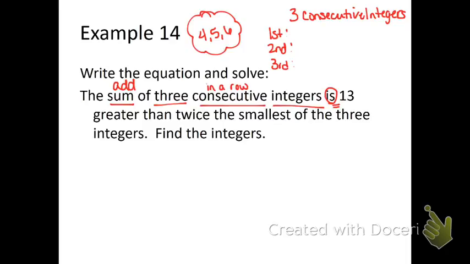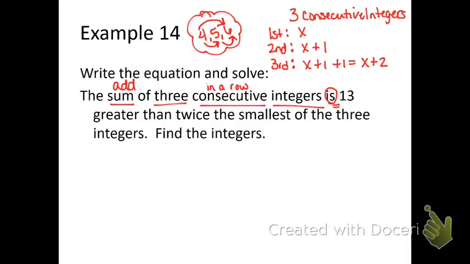But for our problem, we don't know what that first integer is, so we're going to let it be represented by x. The second integer, notice, how would you get from 4 to 5? Well, you would add 1 to it. So you take the previous and add 1. And then to get from 5 to 6, you take that previous, so that x plus 1, and you add 1 more. And so we can simplify that to be x plus 2, which hopefully makes sense because you could go from your first one to the third one there by adding 2.